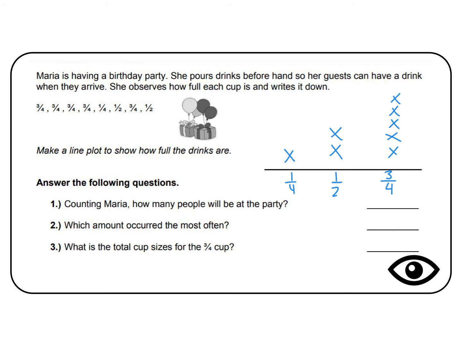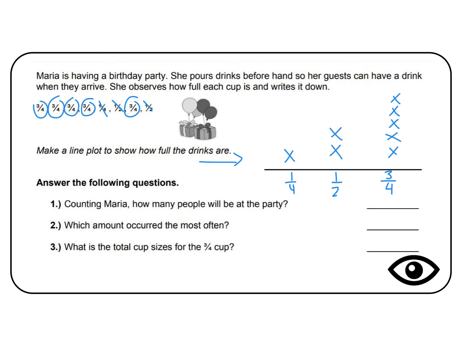She observes how full each cup is and writes it down. I have already made the line plot to show how full the drinks are. You can see from the data that we have 1 1/4, 2 1/2, and 5 3/4. Let's use that information to answer some questions.